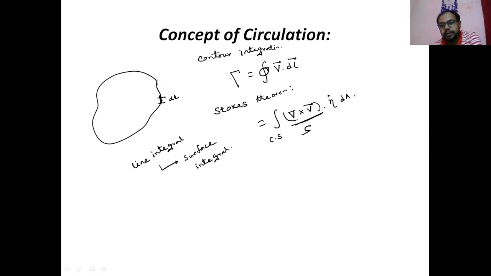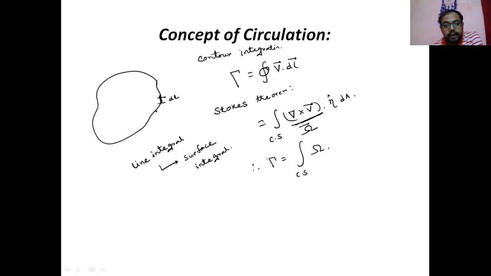This is nothing but the vorticity vector. So the circulation can be written as the vorticity vector per unit area. Circulation per unit area will give you the vorticity vector. If you multiply by the area, what does it mean?